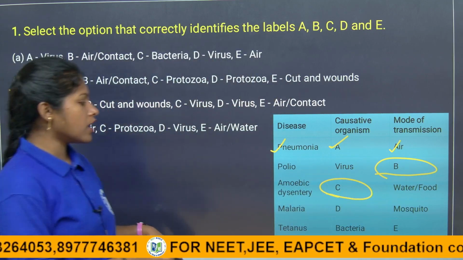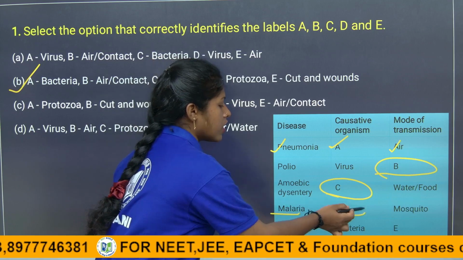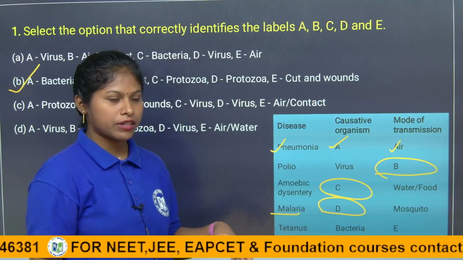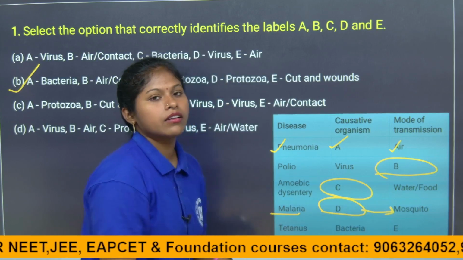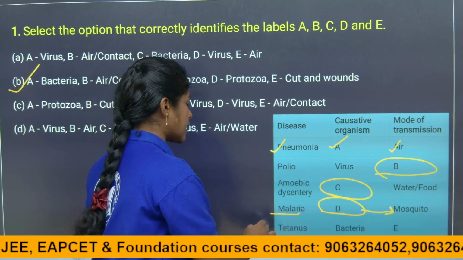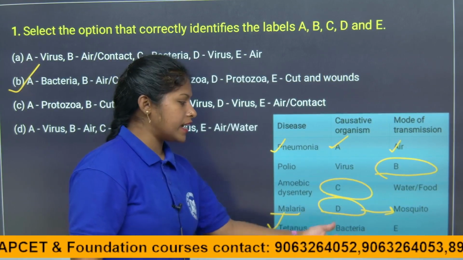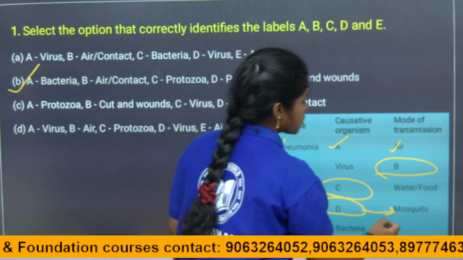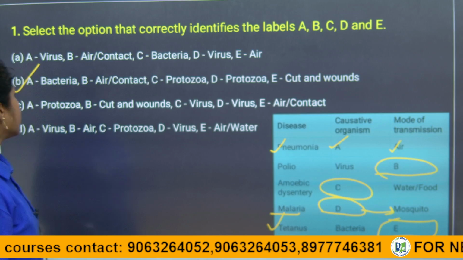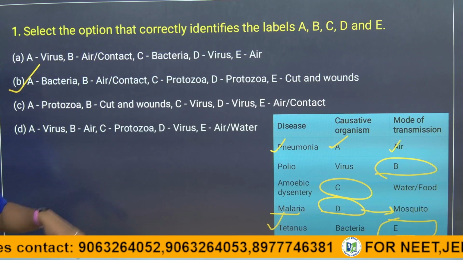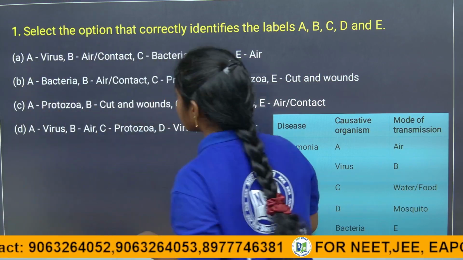Coming to malaria, the causative organism is plasmodium, which is a protozoa, and the carrier is mosquito. Coming to tetanus, children, it is a bacterial disease, and the mode of transmission is through cuts and wounds. For this given question, children, B is the answer. I hope you are all clear about this question. Coming to the next question.